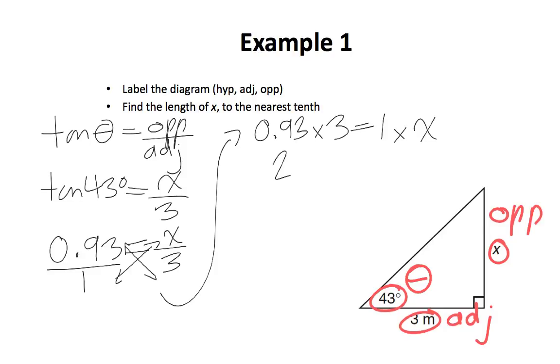That should give you 2.79. And over on the right, 1 times x is just x, because anything multiplied by 1 is equal to itself. Let's write a concluding sentence. Therefore, x is 2.8 meters. Remember, you want to round it to the nearest tenth.